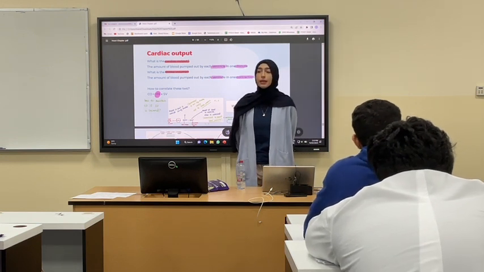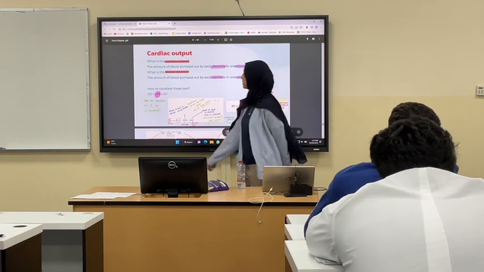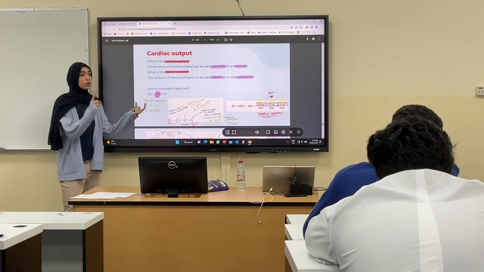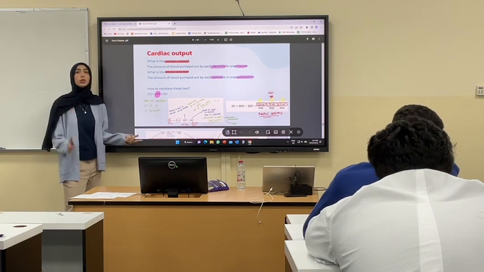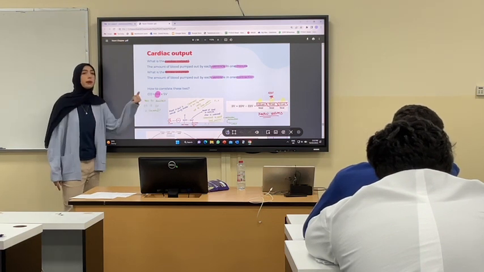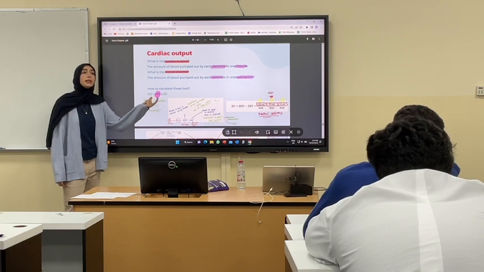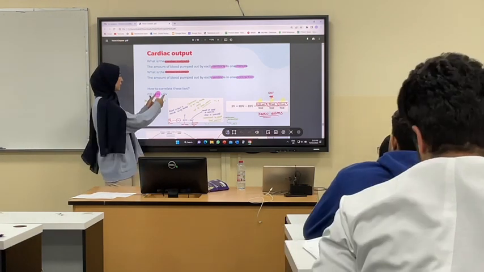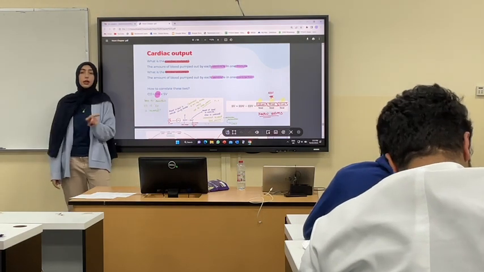So you're going to multiply that by the stroke volume, which is this formula over here, and you have cardiac output, which is per minute, equal to the heart rate, which is also per minute, multiplied by the stroke volume, which is the amount of blood that has left the ventricle in this beat. So I'm going to take these two, multiply them, and then get the cardiac output.